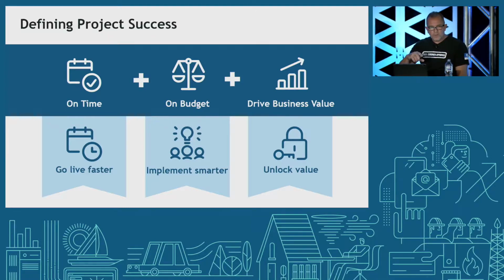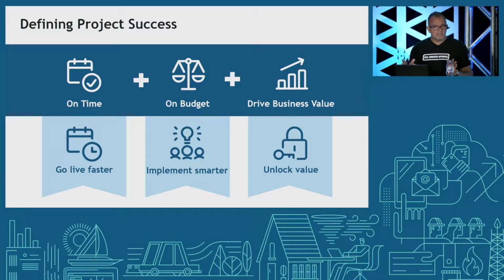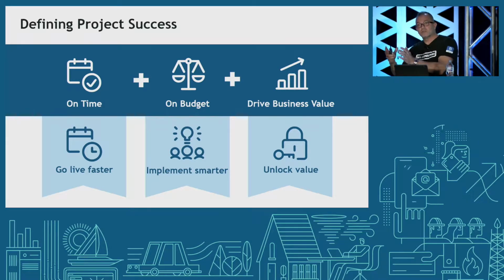Now, SurePath helps you on that path to success by building an approach that enables you to go live faster. We want to get into production faster, unlock the value of the products, and we want to implement smarter. Not claiming that not everybody's smart, just saying that SurePath is going to help you take the smartest path to success.